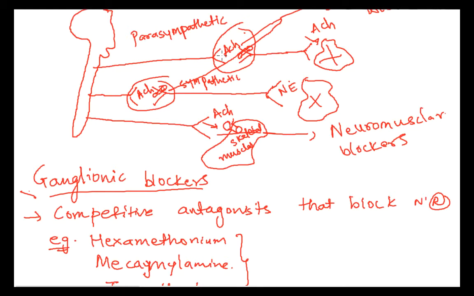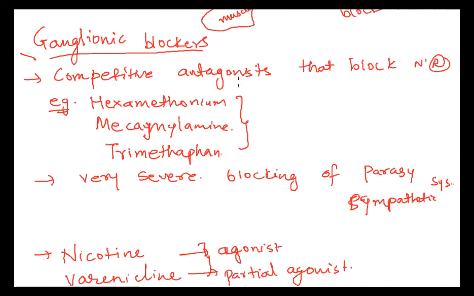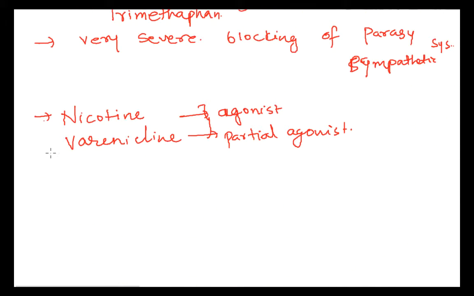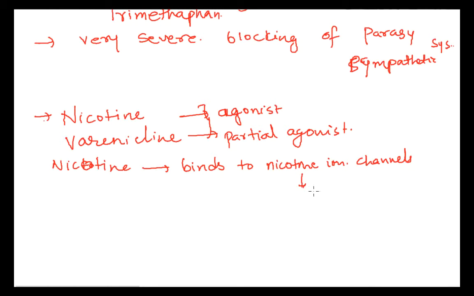What usually happens when nicotine binds to these nicotinic ion channels? Nicotine binds to the receptor, and once the ion channel is bound, it causes depolarization, and that further leads to neurotransmission.